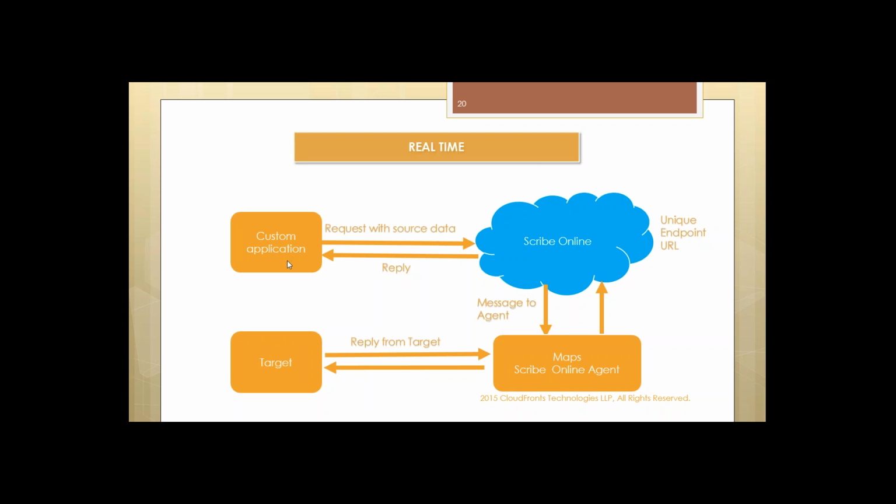Event solutions are used to make a call to a web service through Scribe, which will trigger the integration. Scribe exposes an endpoint, which is REST-based, which is unique for each map that you create. An external application can make a call to this service with the source data that is passed to the maps, and the reply which we get from the target is passed back to the custom application.